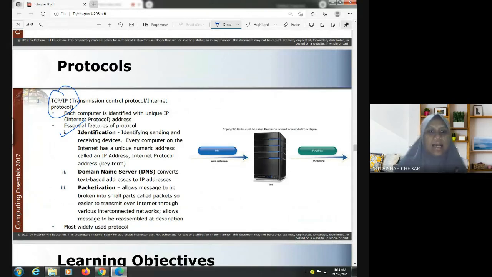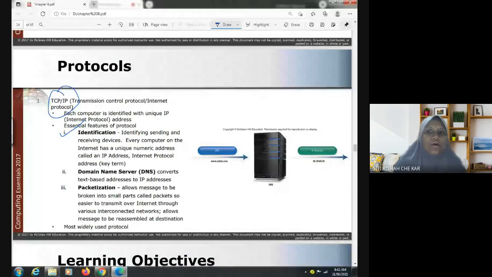Kalau kita, alamat kita kan alamat rumah. So we know the location to send the data. If we buy online, when we want to send the parcel, we must know the address. Same with the computer. When the network wants to send data, dia mesti tahu address. But in the computer, instead of calling it address, it is called IP, Internet Protocol.